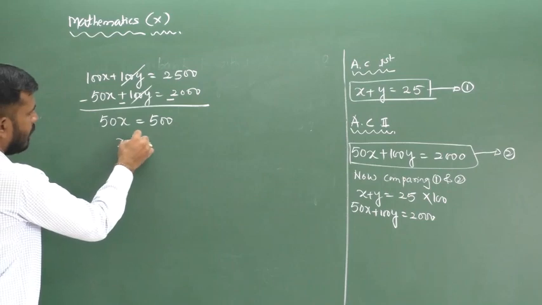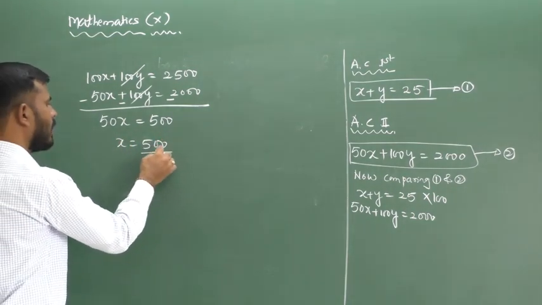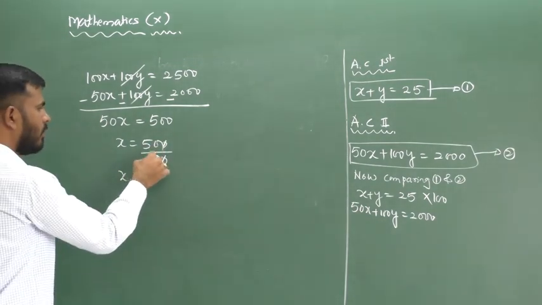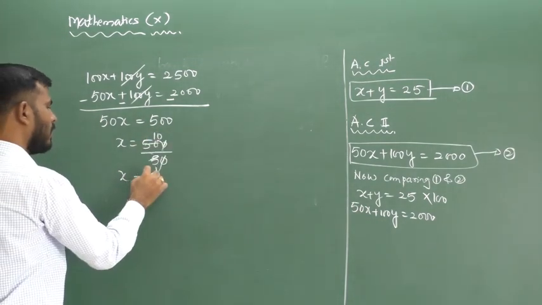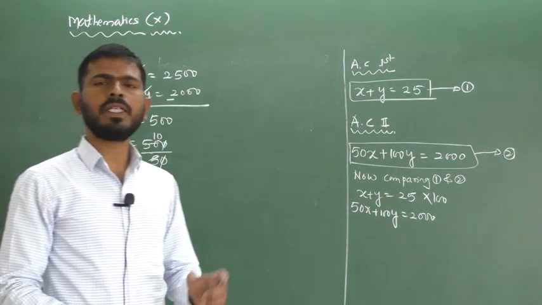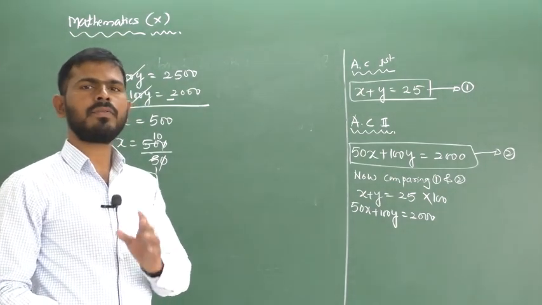So 50x equal to 500, which means x equals 500 divided by 50. The zeros get cancelled, and 50 fives are 250, so x equals 10. x is the number of notes of rupees 50, so Rushi has 10 notes of 50 rupees.